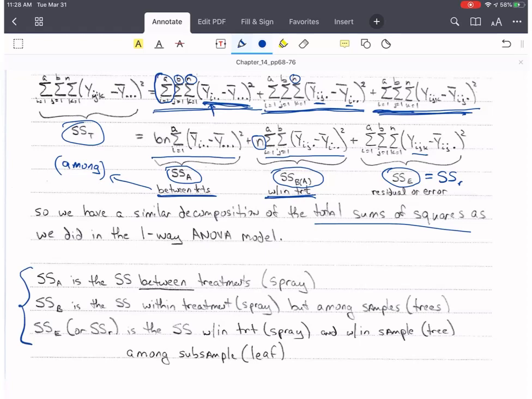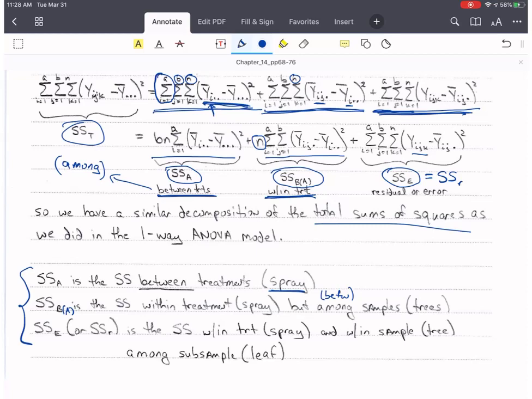And I want to keep repeating this so hopefully it will sink in. SSA is the sum of squares between the treatments, and for us that's the spray. SSB nested within A is the sum of squares within a treatment, within a spray, but between trees, our samples, which are trees.